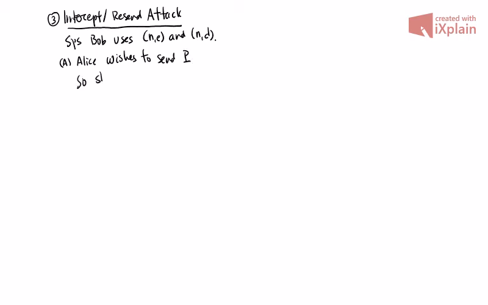Obviously, she does C is congruent to P to the E mod N, and sends it. Eve intercepts this. Now, she can't read it, of course.